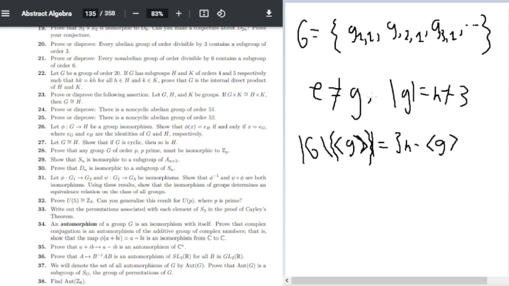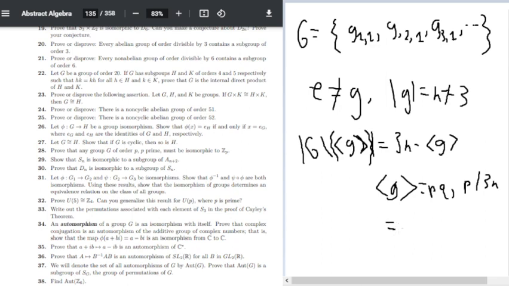Since the order of G divides n, and it doesn't, it may divide 3. So the order of G equals PQ, where P divides 3n.